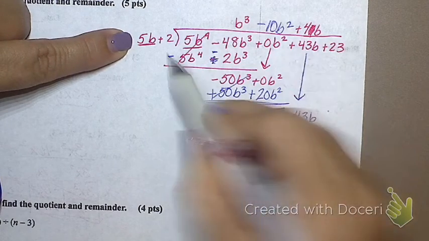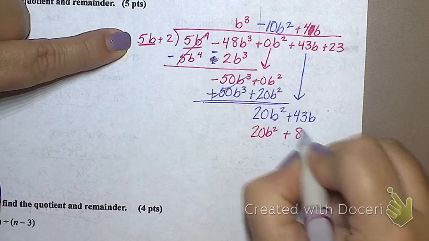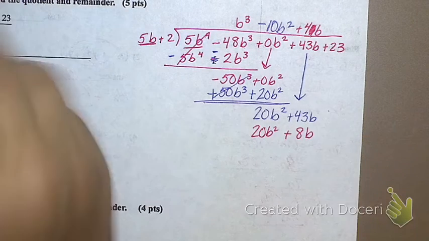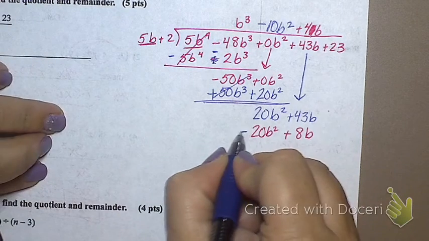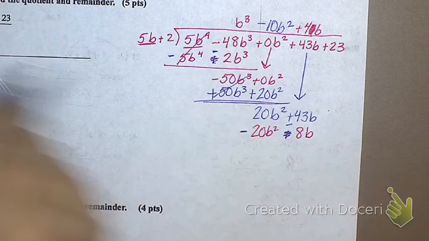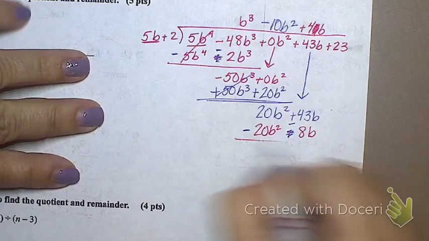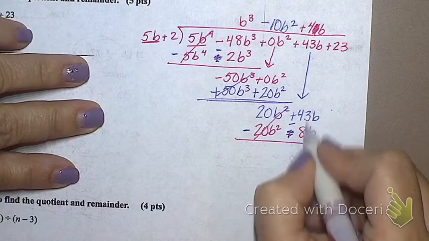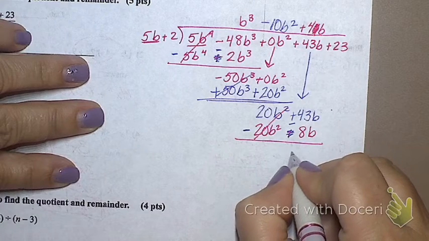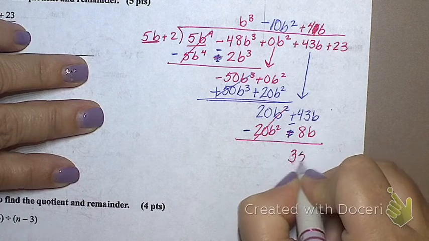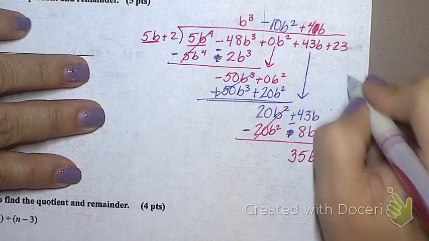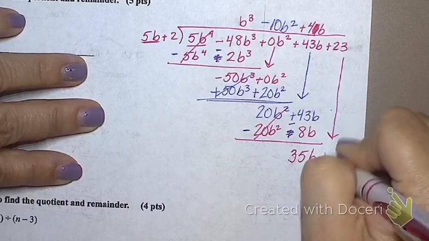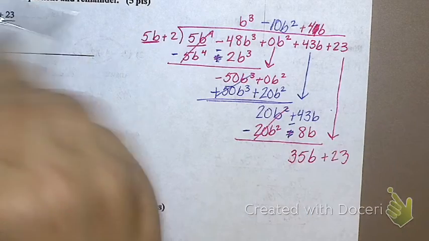And 4b times 2 is 8b. Change my signs. This becomes a negative. That becomes a negative. That cancels. 43b minus 8b is 35b plus 23. I think I'm almost done.